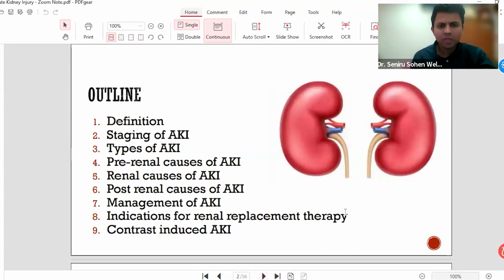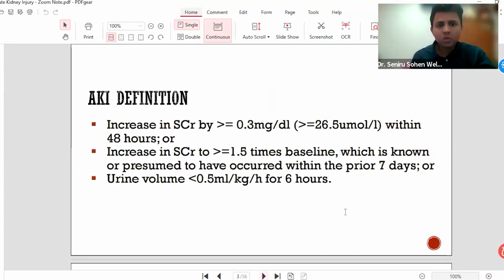Right. So Iranda wants me to brief the KDIGO classification again. Yes, we'll go through that. Right. So AKI would mean that there's an abrupt decrease in kidney function, which would have under these bullet points of absolute increase in serum creatinine, a relative increase in serum creatinine, or oliguria.